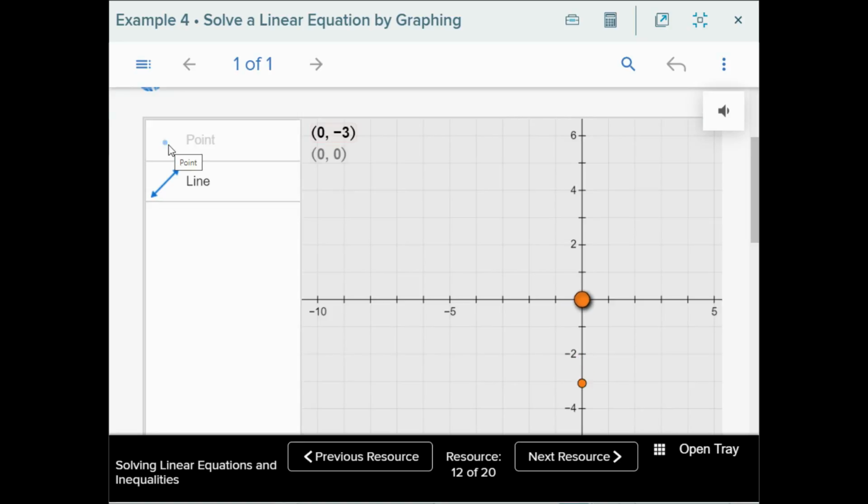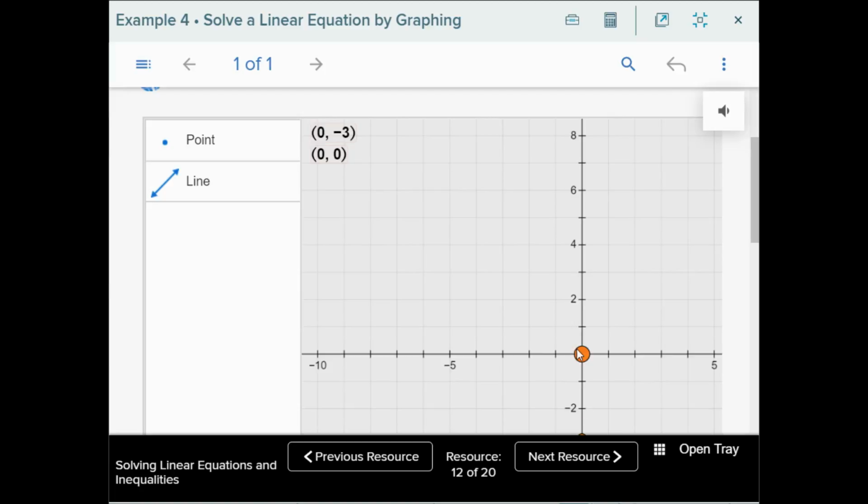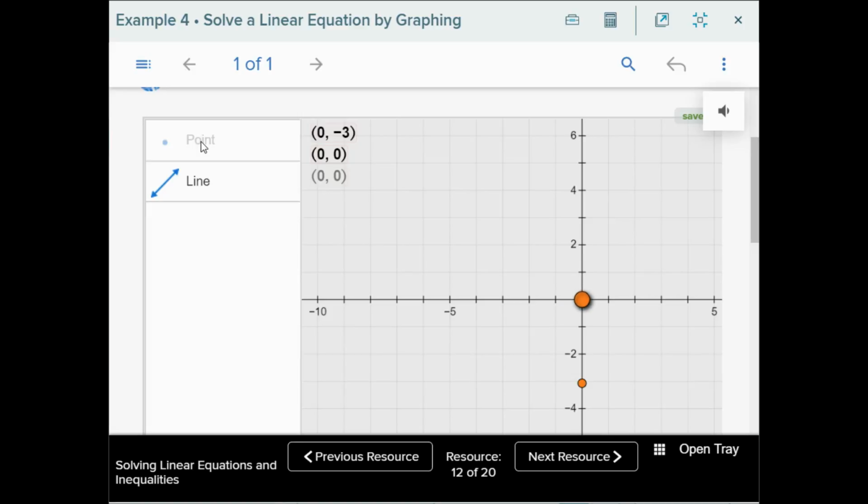And to rise, I should rise 1 and run 2. That's what a slope of 1/2 means. Oh, it isn't like that. Okay. And then I will connect these two dots. And there we have my line.